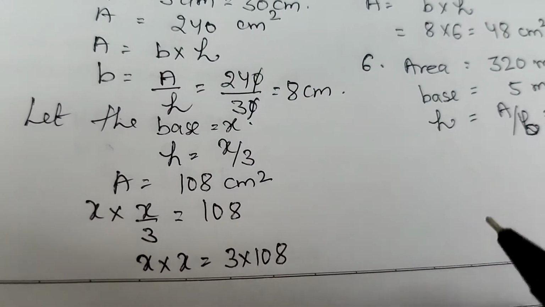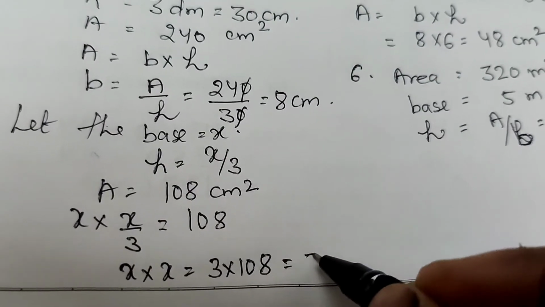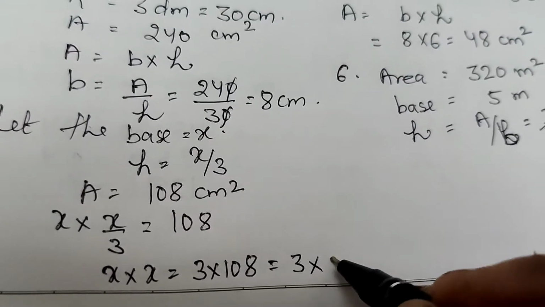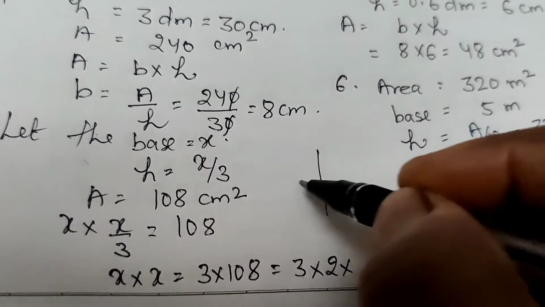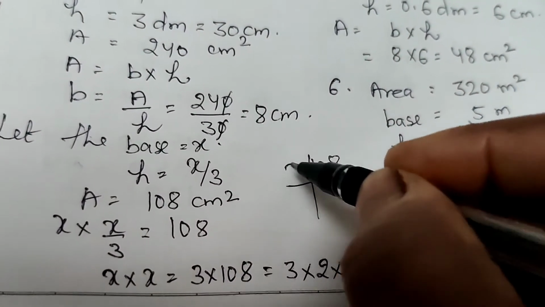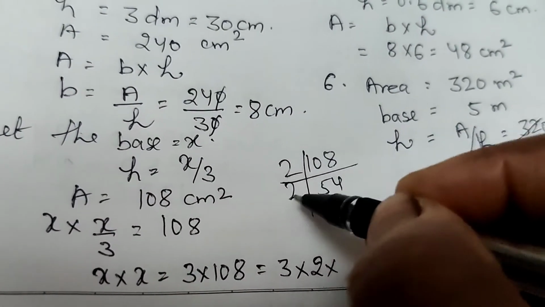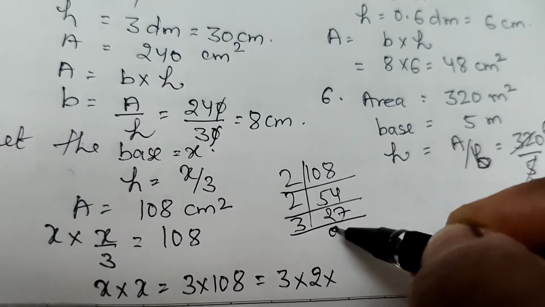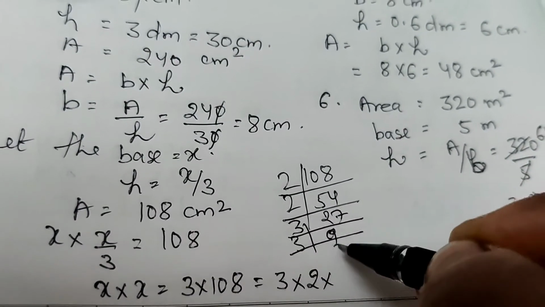Now we can do the prime factorization of 108. Cancel by 2: 2, 54. Again 2, 27. Then 3, 9.